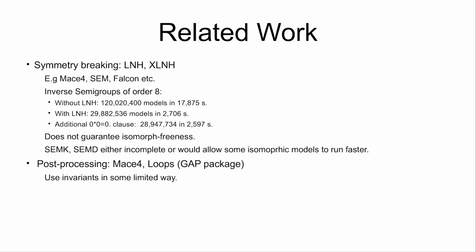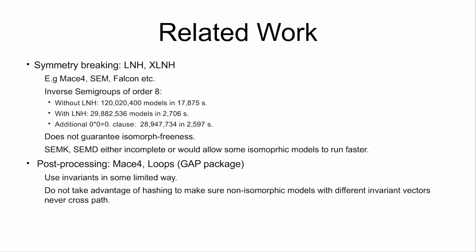Mace4's isofilter has only one invariant, which can be a problem for some algebras, such as groups and quasigroups. The Loops package uses 9 invariants that are geared towards the special properties of quasigroups and are less general than ours. Plus, the Loops package works only for quasigroups due to the framework it is in. Our algorithm does not have such a limitation. Moreover, neither one of them makes use of hashing to make sure non-isomorphic models never cross paths. This introduces some inefficiency in their algorithms.